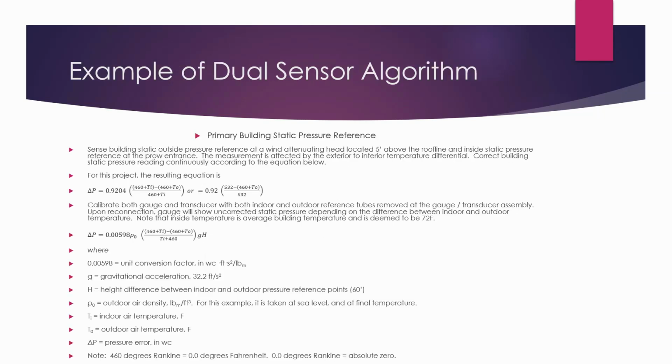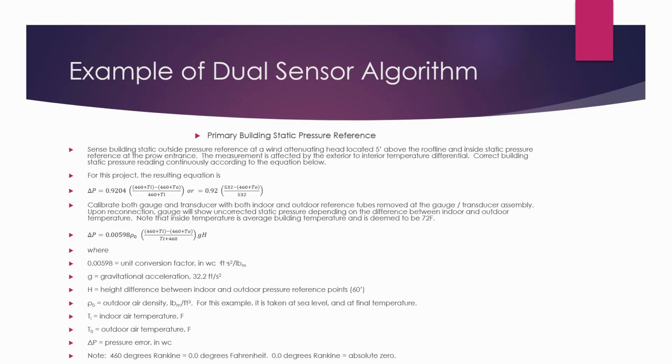So this is what we've stuffed into the DDC system to calibrate that error. And again, I'm an English unit person. I'm 62 years old, so those are the units I grew up on, and so that's what I'm showing here.